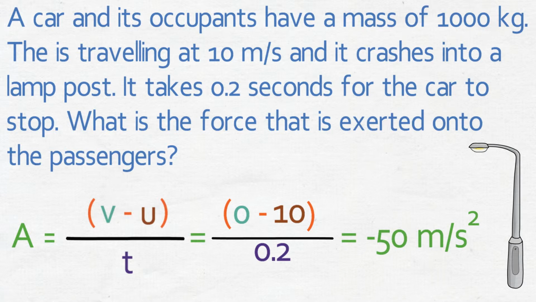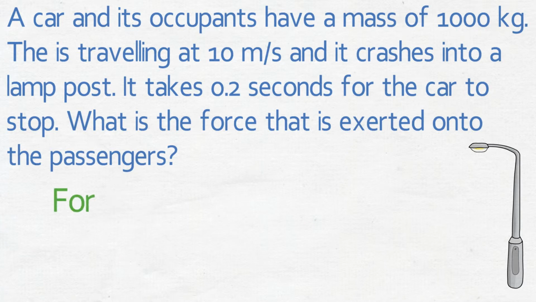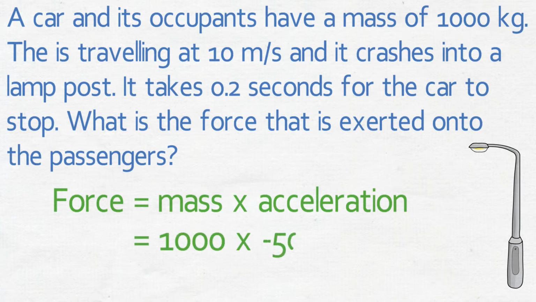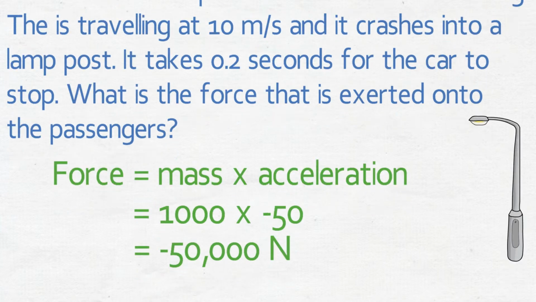We do this by using Newton's second law, which is force equals mass times acceleration. The question told us that the mass of the car and its occupants was 1,000 kg, and the acceleration rate, which we've just worked out, is minus 50 meters per second squared. Therefore, we do 1,000 times minus 50, and this gives us a force of minus 50,000 newtons.